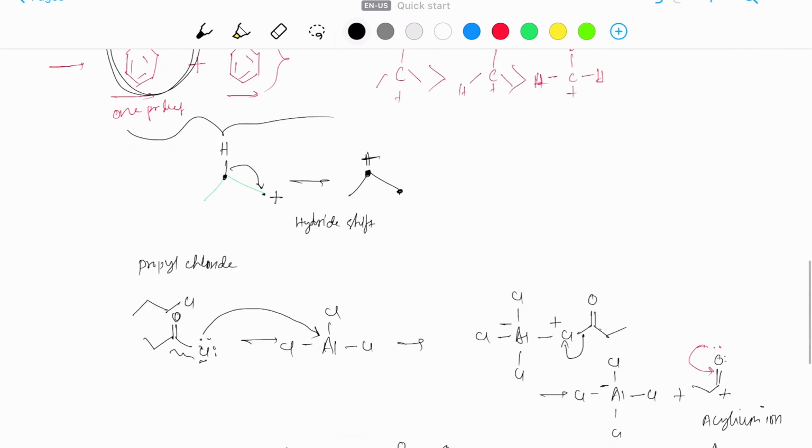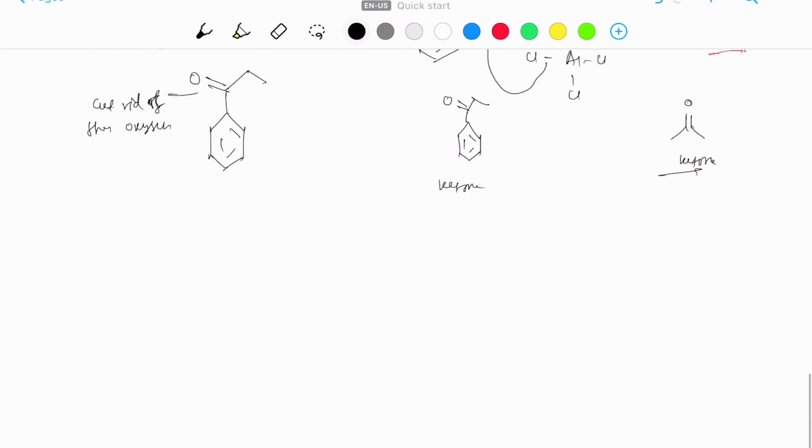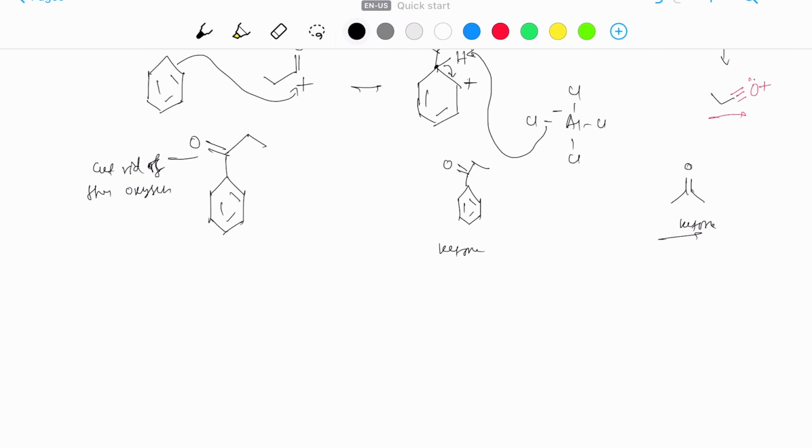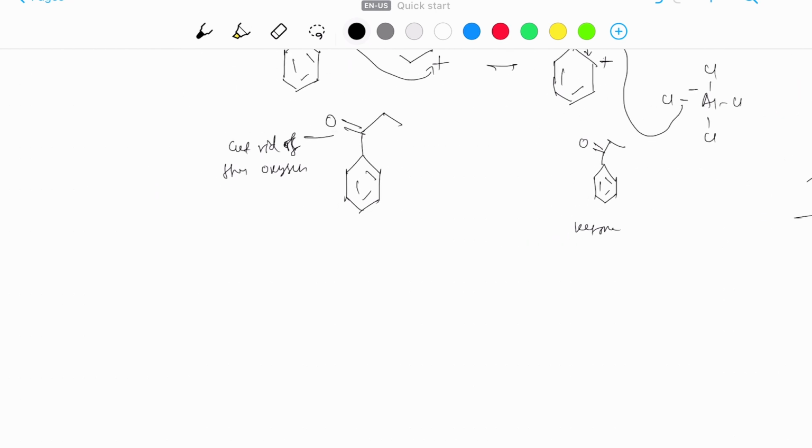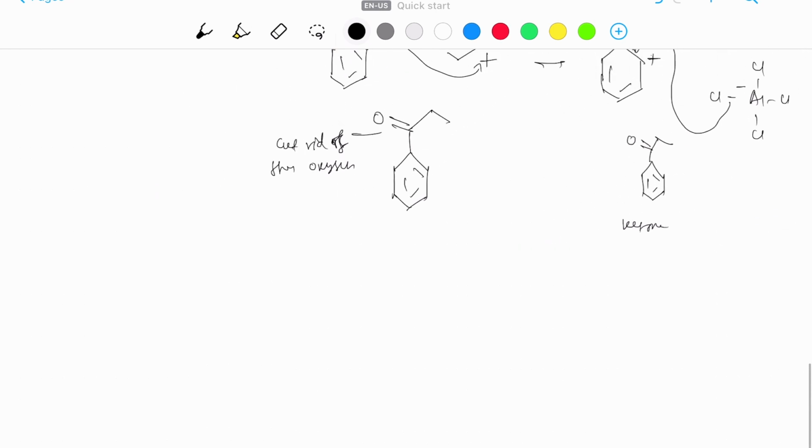So propylbenzene. You can do this via Clemmensen reduction or Wolff-Kishner reaction. I will show the Clemmensen reduction and Wolff-Kishner reaction in a separate video, the mechanism and all that.